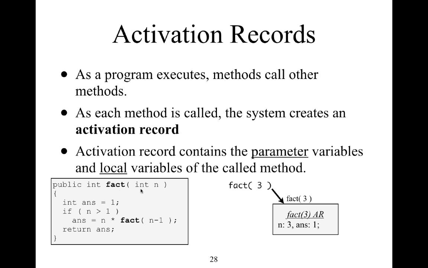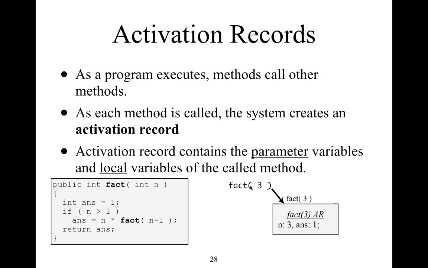It has a parameter n, it has a local variable ans, and both of those have to be unique for each activation. Remember, in this factorial we compute the factorial by multiplying the parameter n times the factorial of n minus 1. And our base case is that n equals 1.